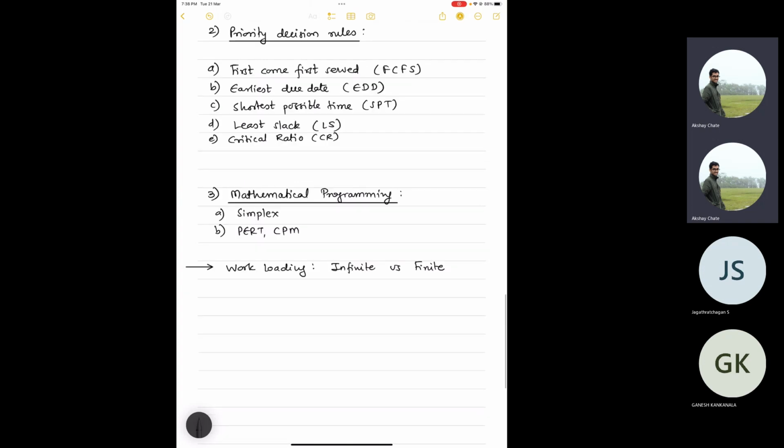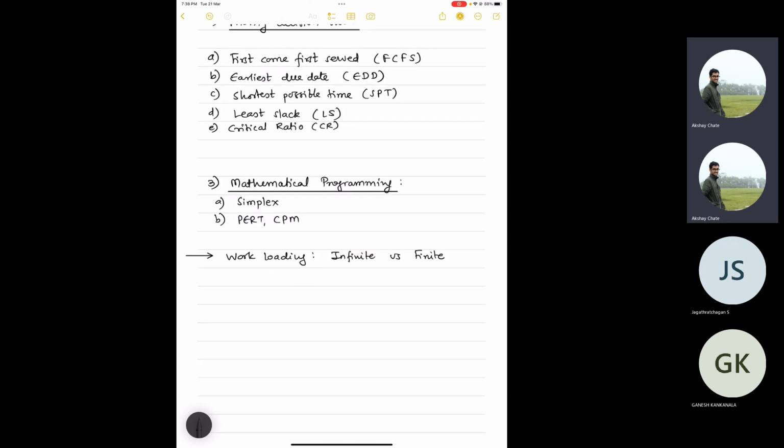Since it's a ratio, the formula is due date minus current date divided by processing time. We'll see some examples on this. Right now, just bear with the formula.